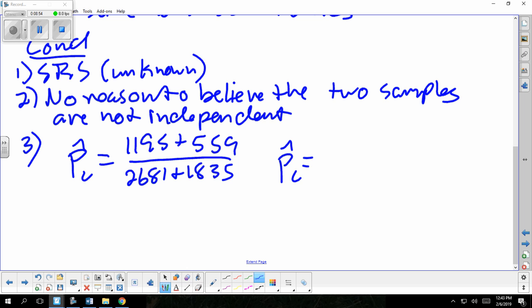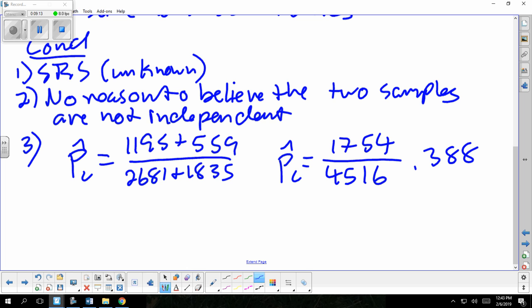Our p-hat combined here is 1754 over 4516, or 0.388. We're going to multiply it by both the sample sizes.